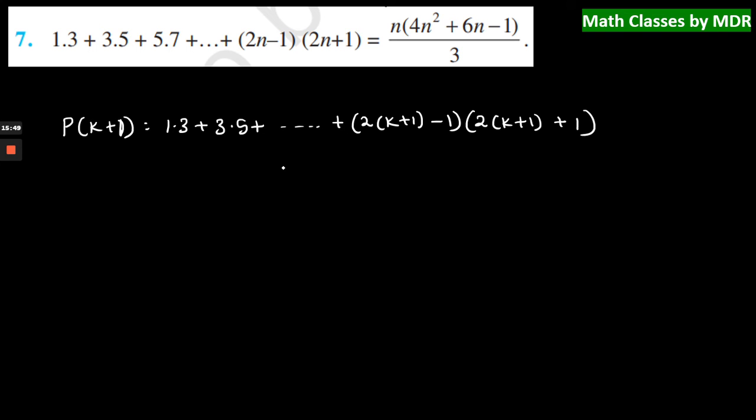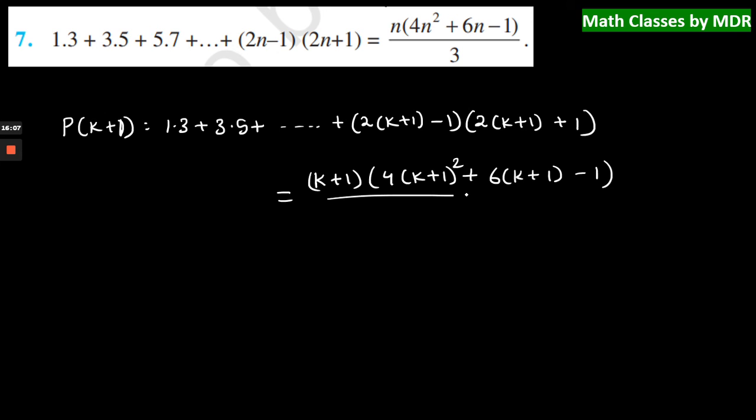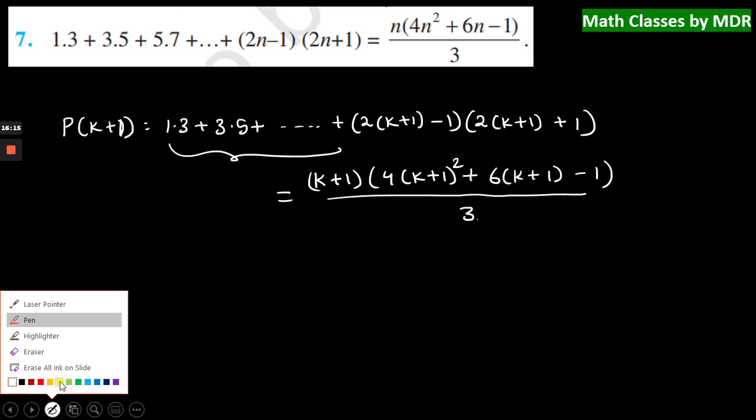What do you have on the right hand side? Wherever you have n, just replace by k plus 1. So k plus 1 into 4 into k plus 1 whole square plus 6 into k plus 1 minus 1 upon 3. Right? And we have assumed that the sum of the first k terms is true.